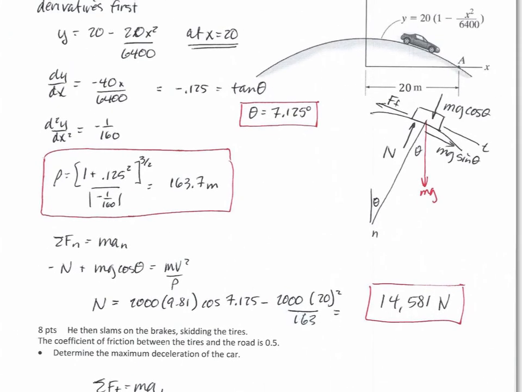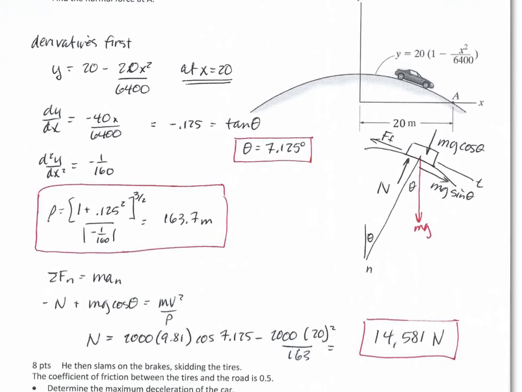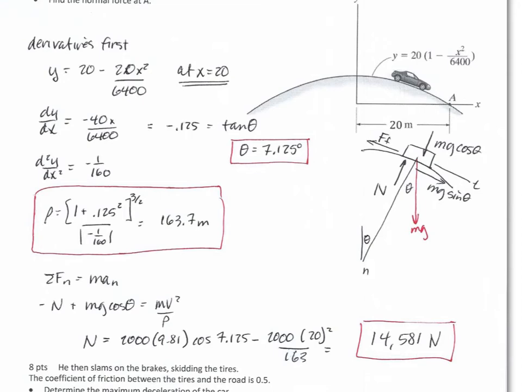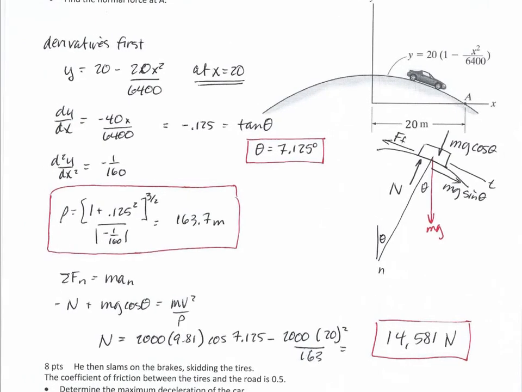And then to find the normal force, which was our first question, we plug it into the sum of the forces in the normal direction equals mass times acceleration, normal. And here again, many people mess this up. In fact, most of you mess this up, unfortunately. But the sign of the normal: positive normal direction is pointing in.